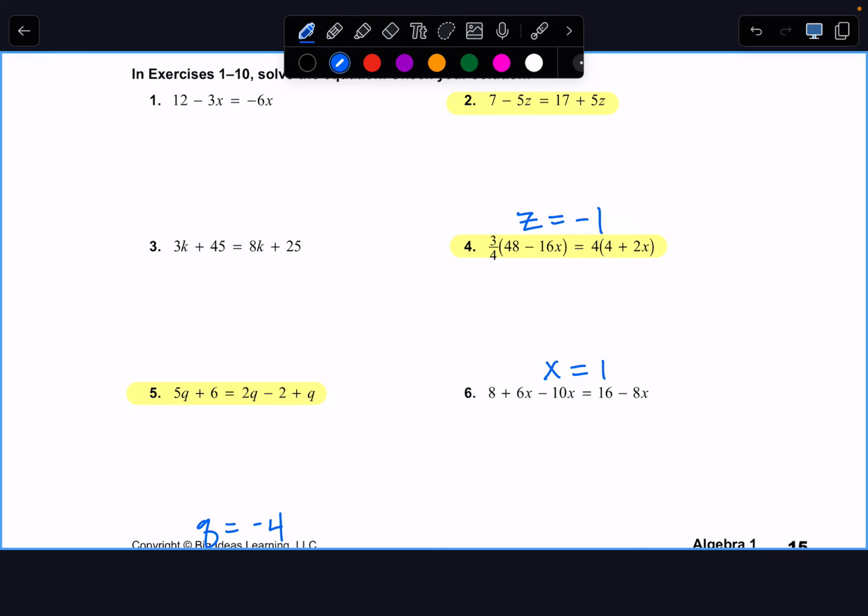We took it. So what are you doing with both sides here? Yay, I got them all right. Adding what? Okay, so you added 5.